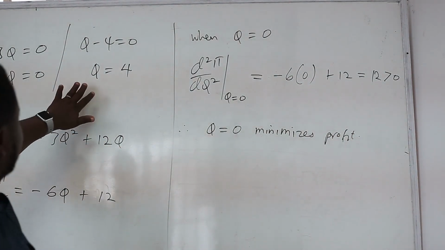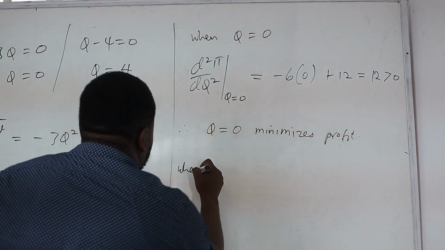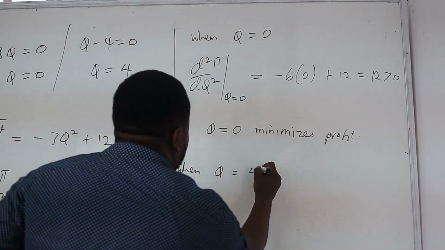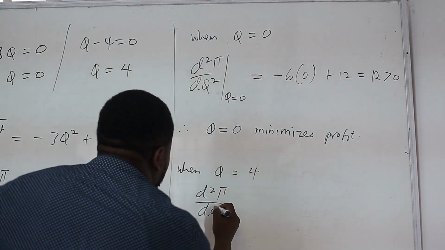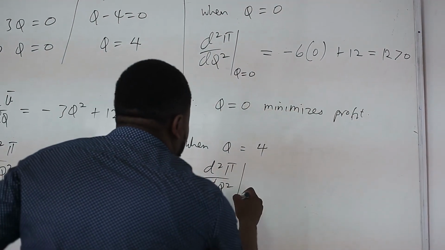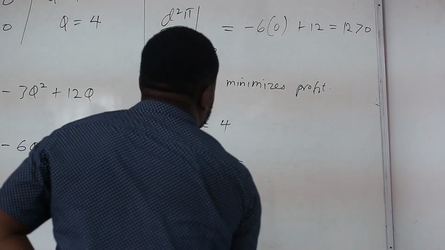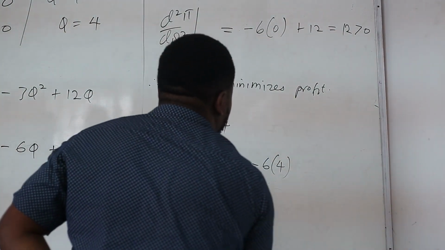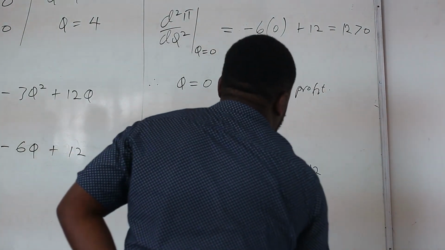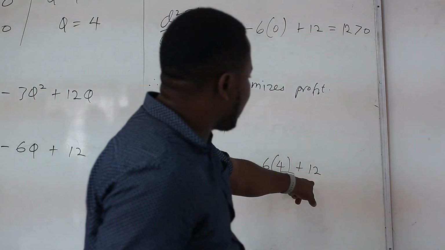So now test for when q is equal to 4. So when q is equal to 4, we have d squared pi dq squared at q equal to 4 will be equal to minus 6 times 4 plus 12. So this is minus 24 plus 12.